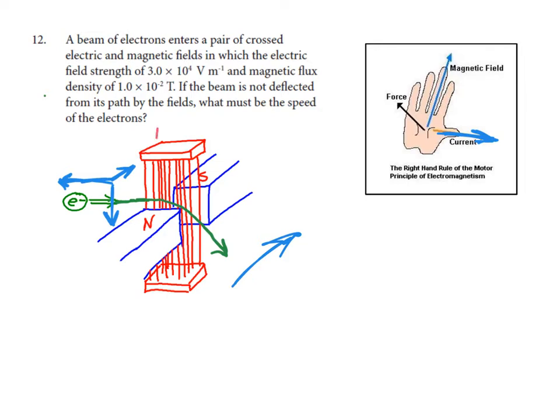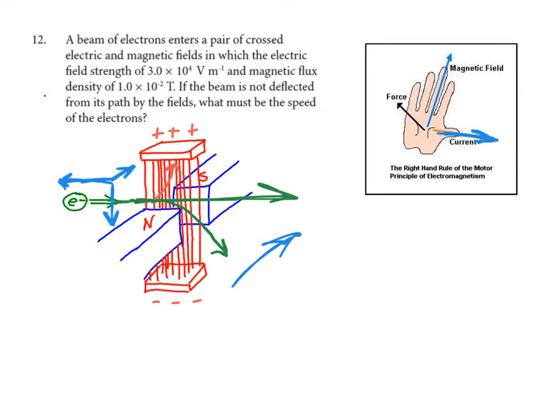So the top part is going to have to be the plus, and the bottom part will have to be the minus. The electron will then want to move toward the positive plate. If the magnetic force and the electric force are exactly equal, then the electron can come flying straight through.